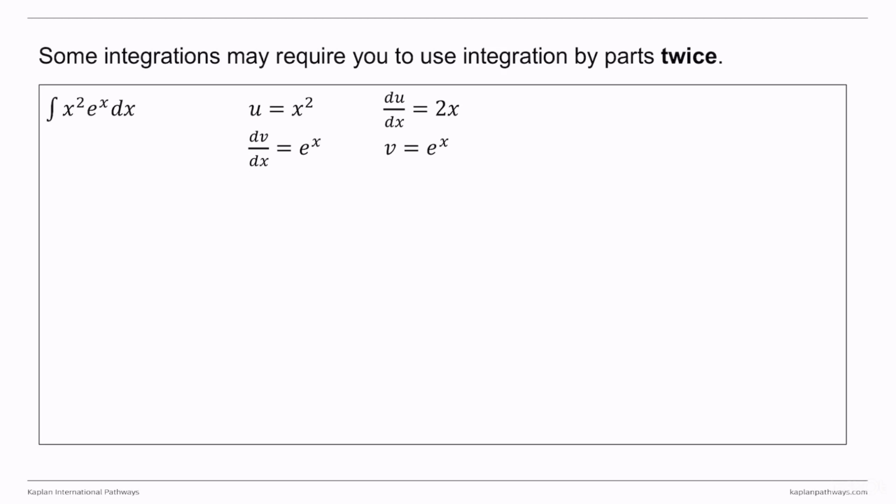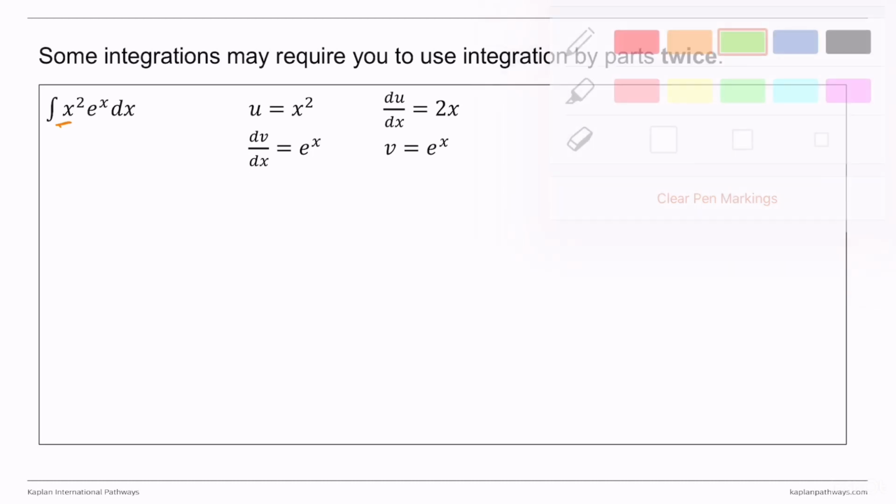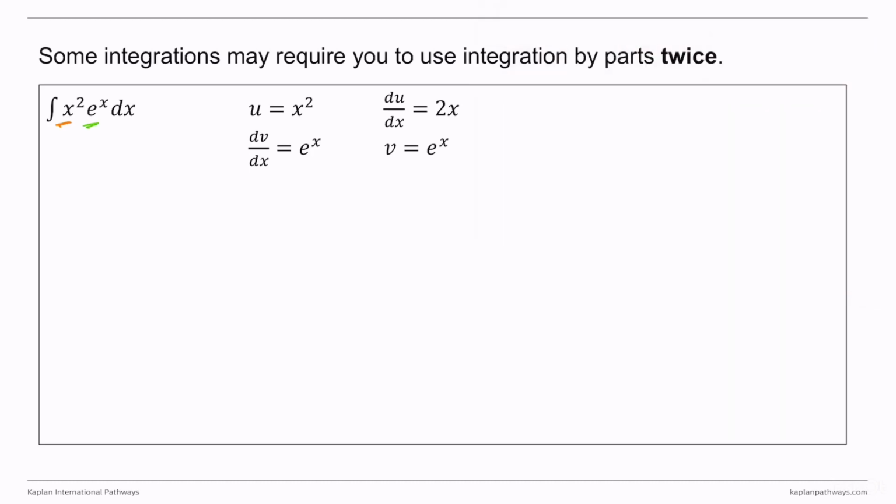So we have x squared e to the power x dx. This is one function here, and this is another function here. So these are two functions multiplied together, dx, right? One of them will be u, and the other will be dv. So u is x squared, then e to the power x is going to be dv.